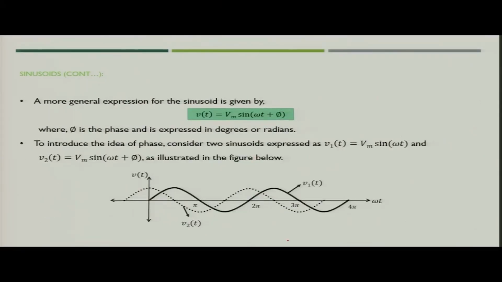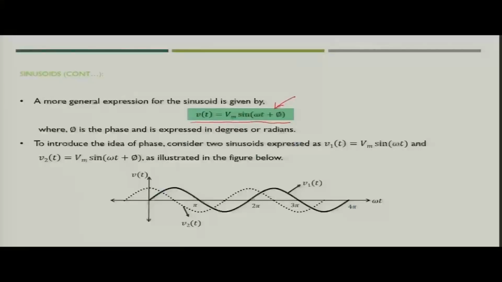Another generic form: if you see the generic term in the literature, you will see that it is given like V of t is equal to Vm sin of omega t plus phi. So, we add another term called phi, which is nothing but the phase of that particular waveform. What does it mean? If you see this particular figure and you see the voltage V2 of t, its waveform is not starting from 0, it is starting from somewhere before 0.